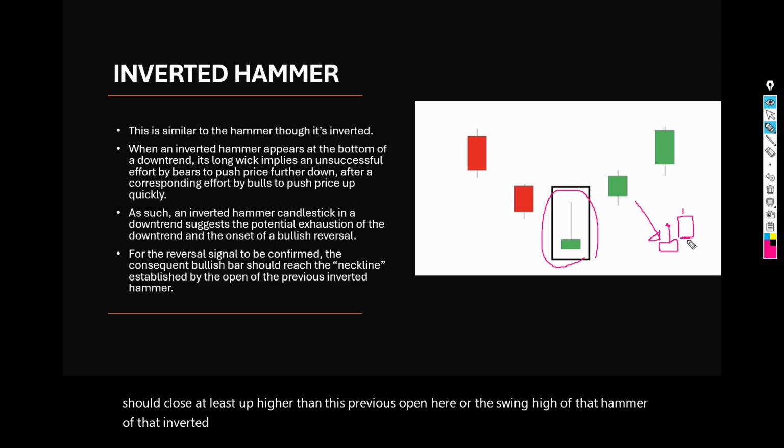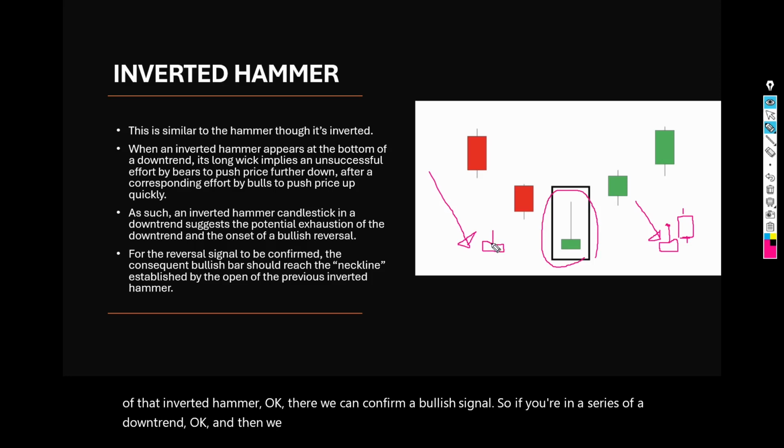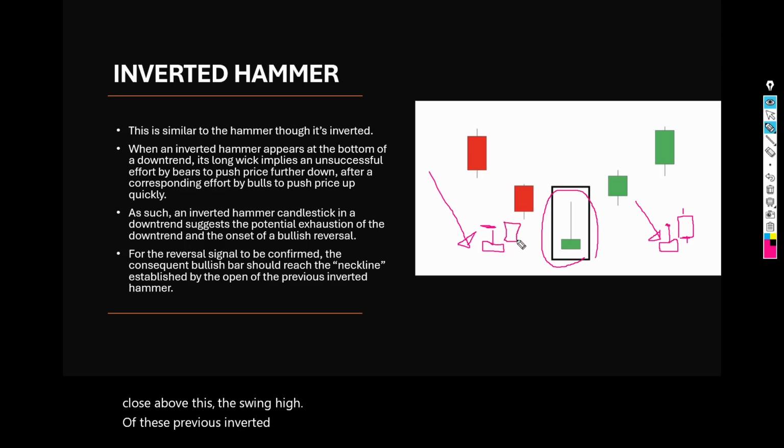Okay, there we can confirm a bullish signal. So if we're on a series of a downtrend, and then we form this hammer, we are waiting for a bullish candle to come and close above this swing high of this previous inverted hammer, or to close at least at its top. Okay, and then there we can confirm a bullish signal.